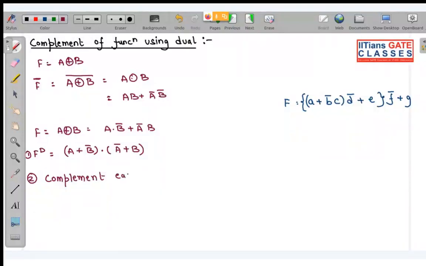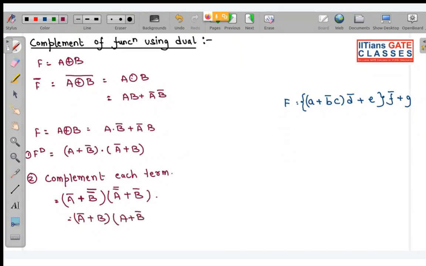Complement each term. If you complement each term, this will be a complement plus b complement, a complement plus b complement. So this is going to be a complement plus b, a plus b complement.